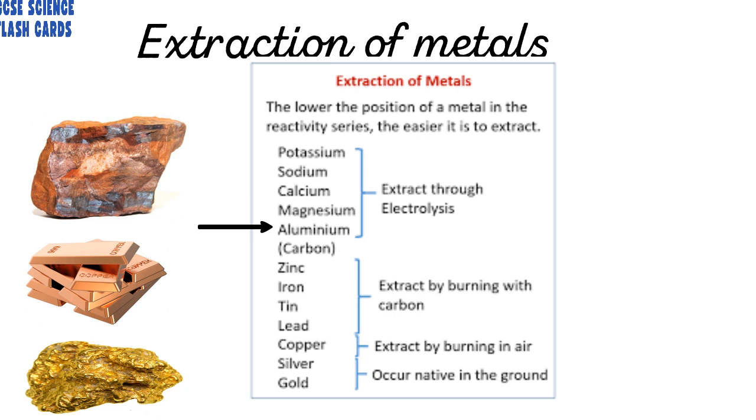For those below carbon, the method that we use to extract those elements from their ores is a displacement reaction with carbon. So we heat the ores with carbon. For example, to extract iron from iron oxide, we would heat it with carbon.